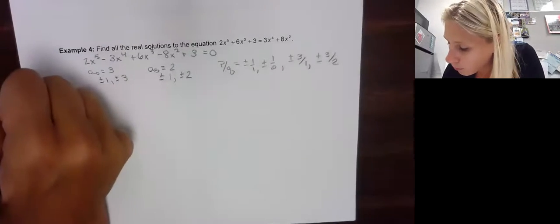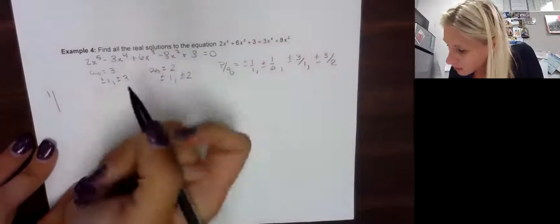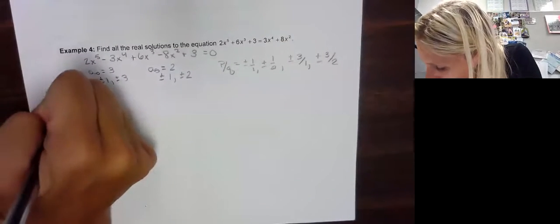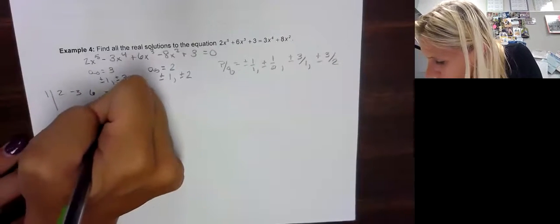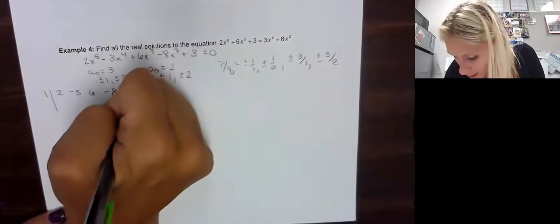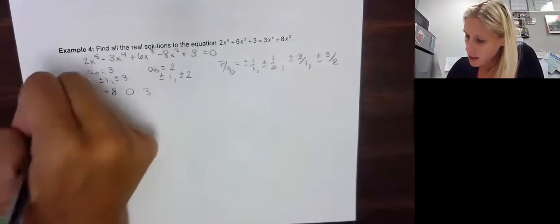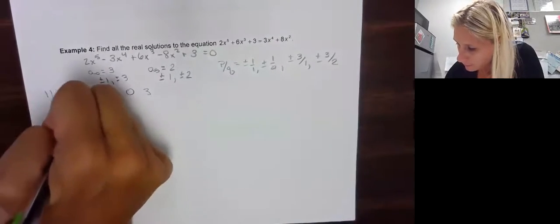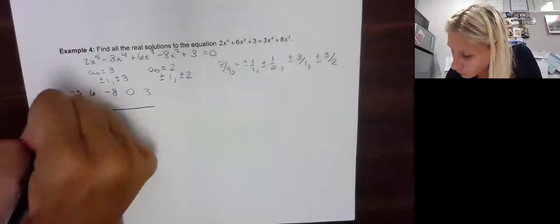So let's try positive 1 first. So I get 2, negative 3, 6, negative 8. Did you guys see this? There's no x to the first, so I have to put that 0 in, and then 3. I'm starting to make my synthetic really small, so I give myself some room.